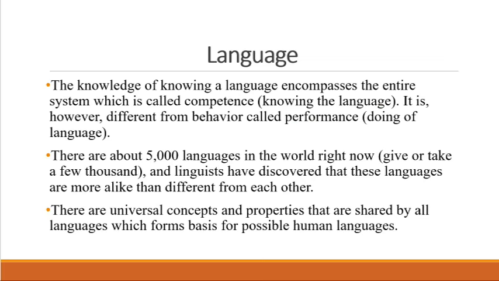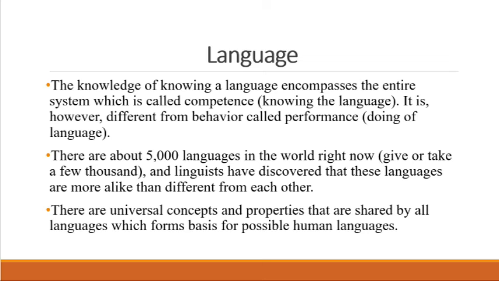So now we are going to discuss some terms related to the language, and something about the various languages that are spoken in the world. The knowledge of knowing the language encompasses the entire system, which is called competence. If I know English, obviously I know certain rules and regulations of English, and I have a certain vocabulary, a limited number of words of English in my mind.